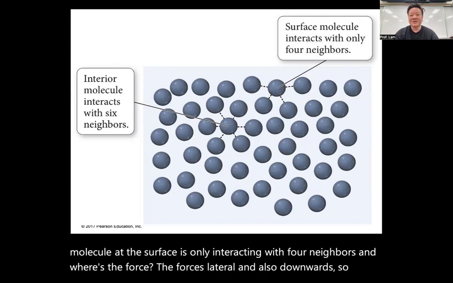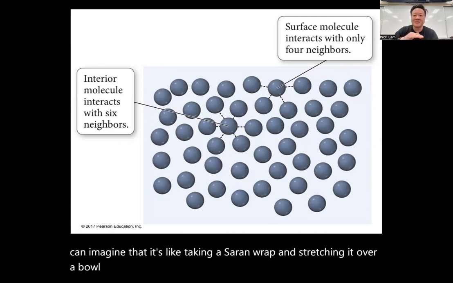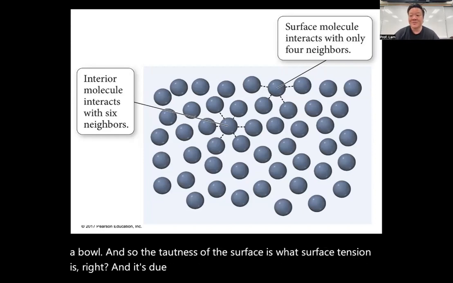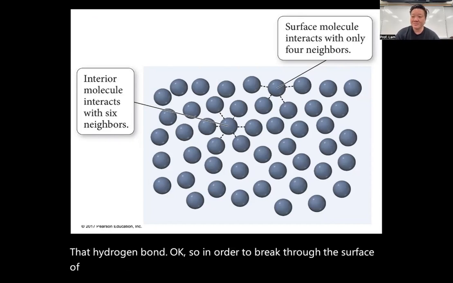You can imagine it's like taking saran wrap and stretching it over a bowl. The tautness of the surface is what surface tension is, and it's due to that hydrogen bonding. In order to break through the surface of water, you need some energy.